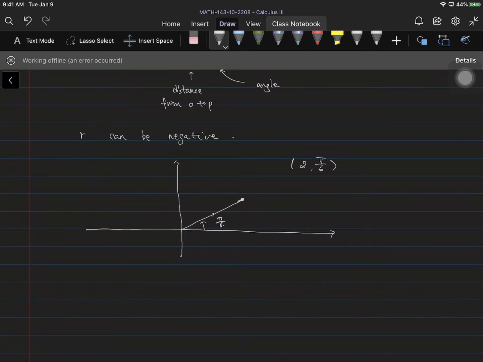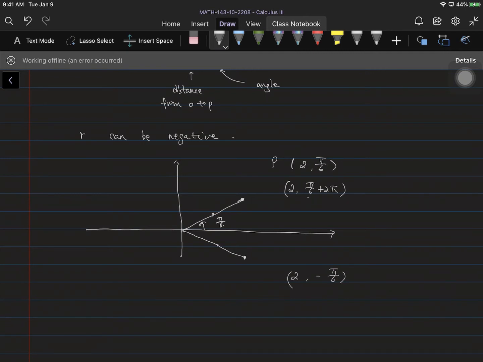We can also express this point as (2, pi over 6 plus 2 pi), because adding 2 pi comes back to the same angle, the same point. Let's take a look at another point, (2, negative pi over 6). The angle negative pi over 6 is here, and the length is also 2.